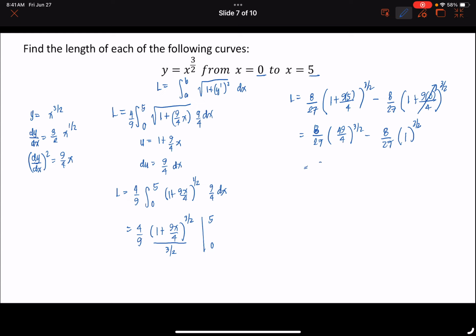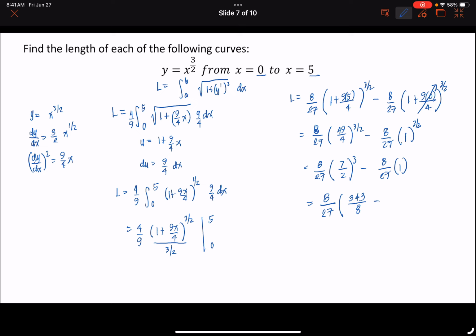So that would be 8 over 27 times 7 over 2 cubed minus 8 over 27 times 1. So we can factor out 8 over 27. 7 cubed is 343.